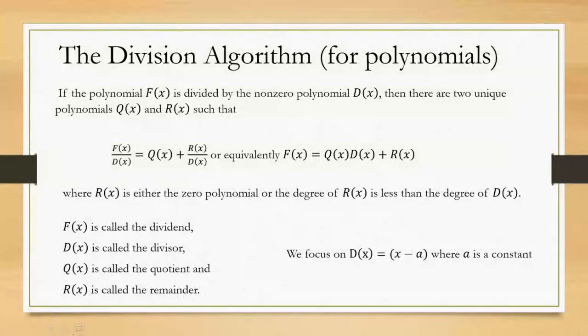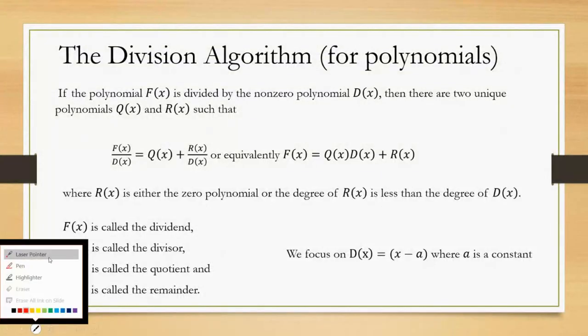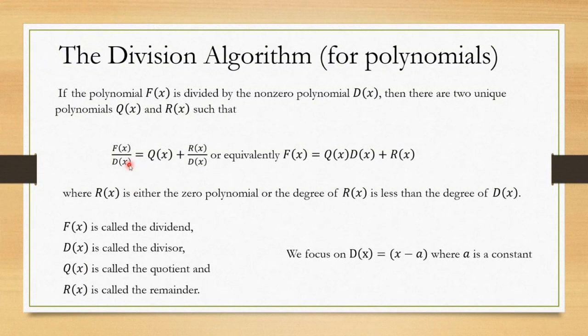What the division algorithm is saying is, just like we can divide integers, when you divide one integer by another you get a quotient and a remainder, you can do the same thing with polynomials.